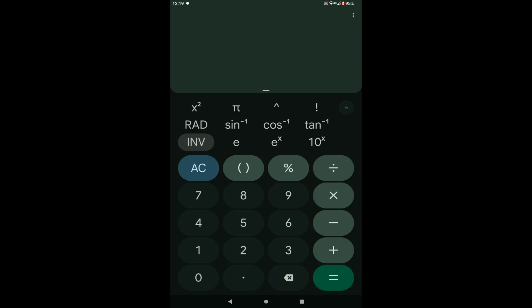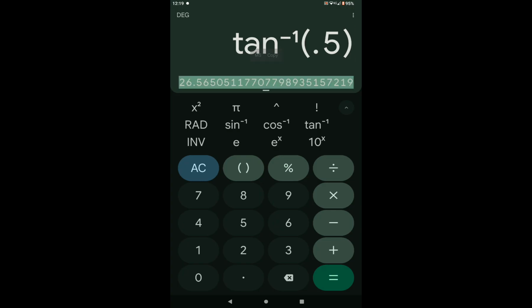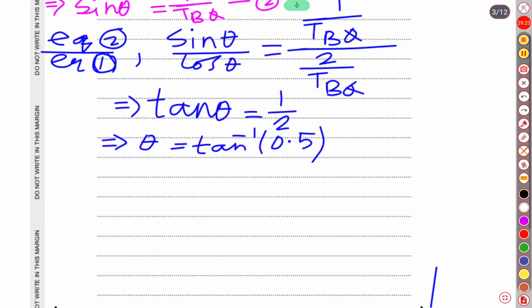Tan inverse of, tan inverse of, so let us write that theta is equal to, hence our theta angle is 26.6 degrees.